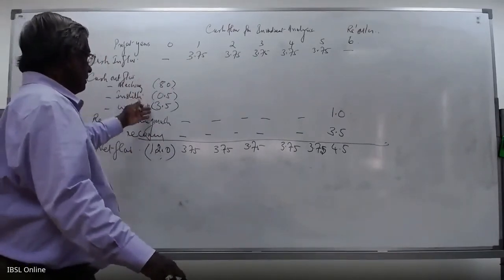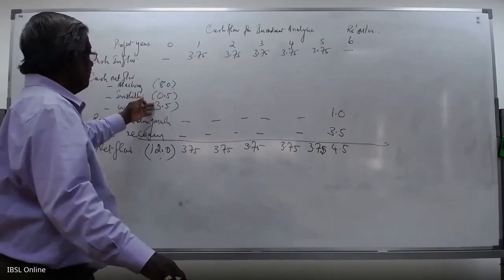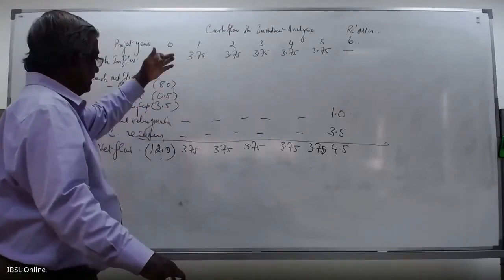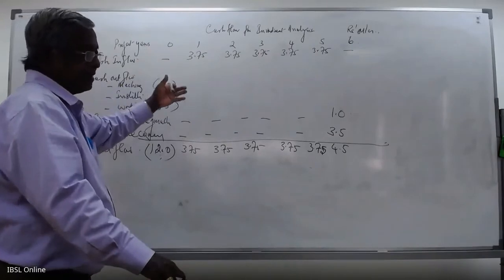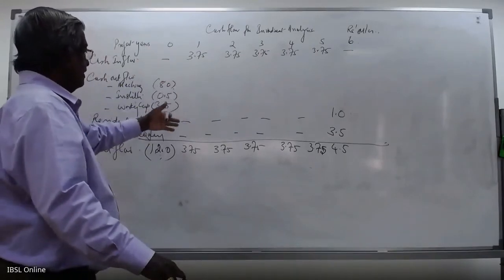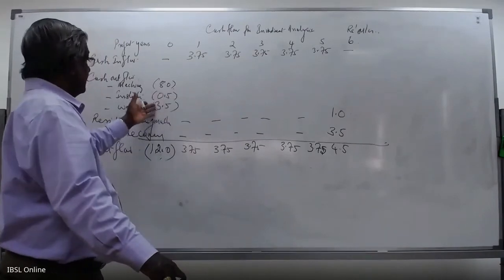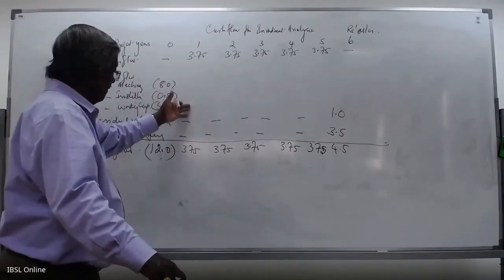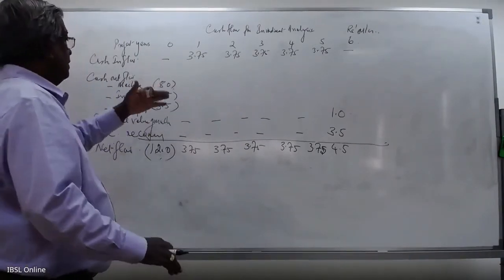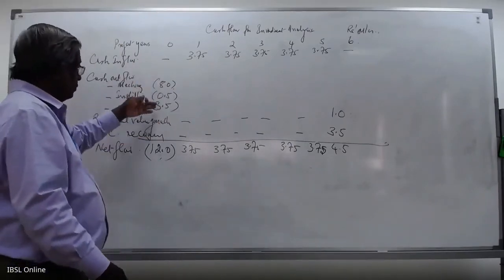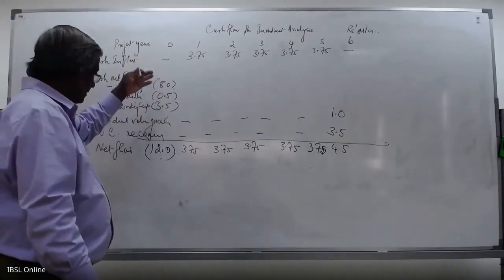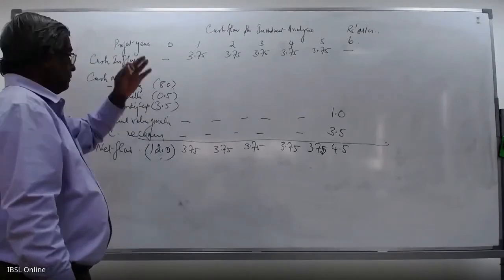Actually, some people take this 3.5 to year 1 also, because only in year 1 the business is started and production is starting. So that's also possible. You can do it that way also. But here I am taking 3.5 as the investment in year 0.